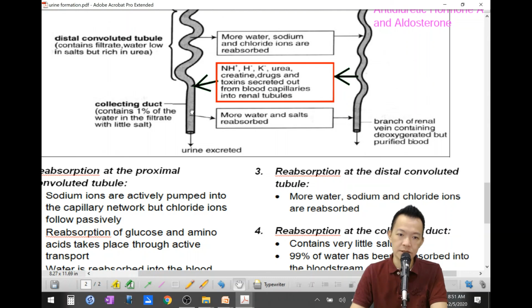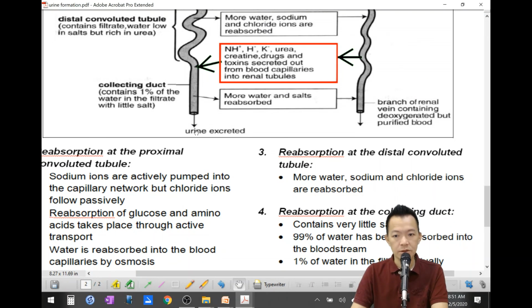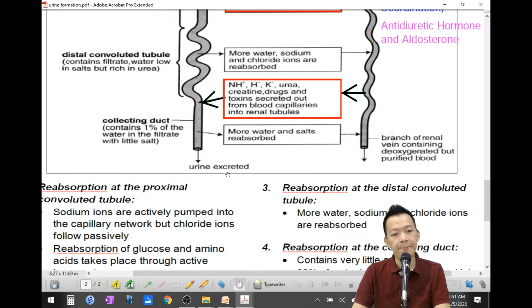So the collecting duct collects the urine, then the ureter sends it to the bladder, then the urethra excretes it into the toilet bowl. Okay, so this is reabsorption, the whole story of reabsorption.